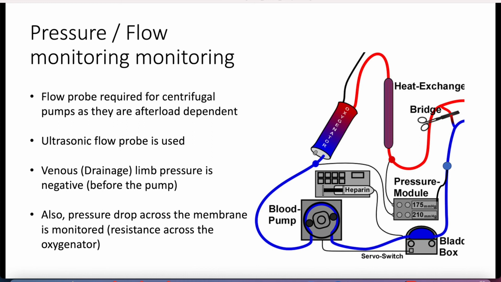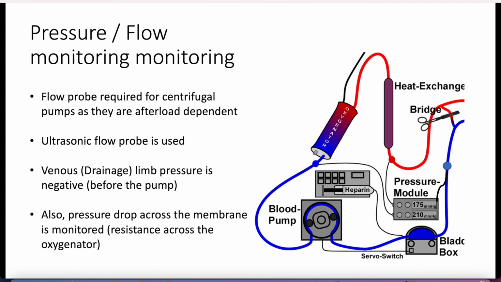Usually, there is a pressure monitoring line to the venous drainage side before the pump. The pressure is usually negative here. It gives you an idea on how hard the pump has to suck to produce the flow that has been set. Most centers also monitor the pressure drop across the oxygenator.